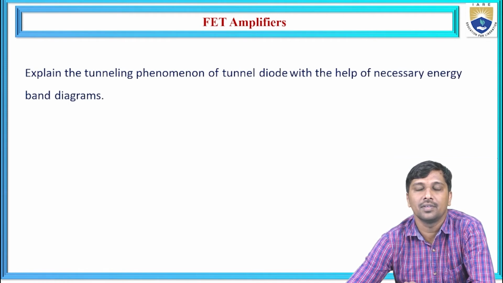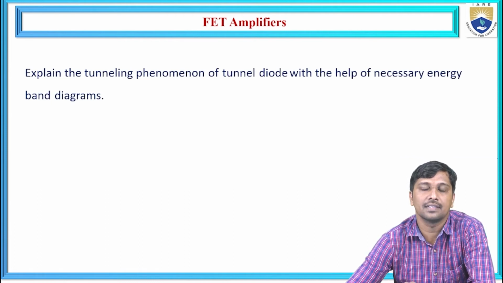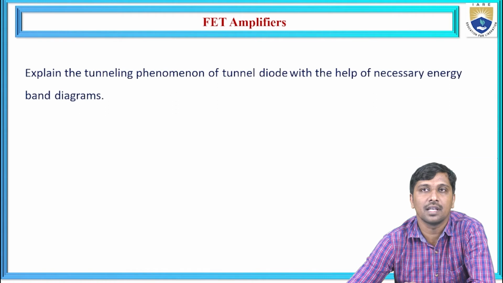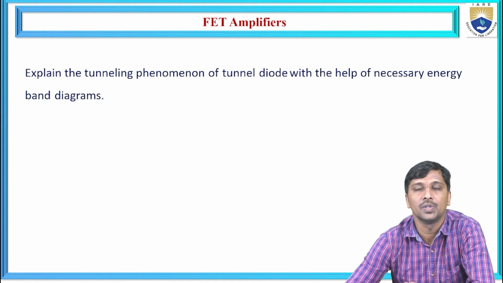Then you can apply some biasing voltage to the tunnel diode. Then explain how the valence band and conduction band levels change due to that, and how the tunneling phenomenon occurs, where the majority of charge carriers flow from one region to the other to allow the maximum conduction.